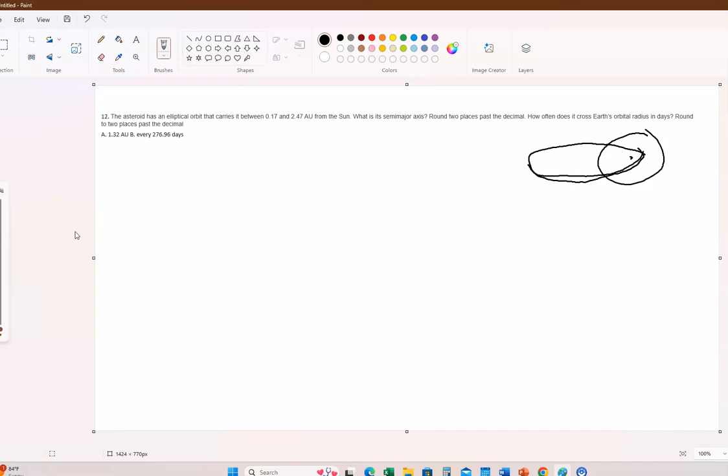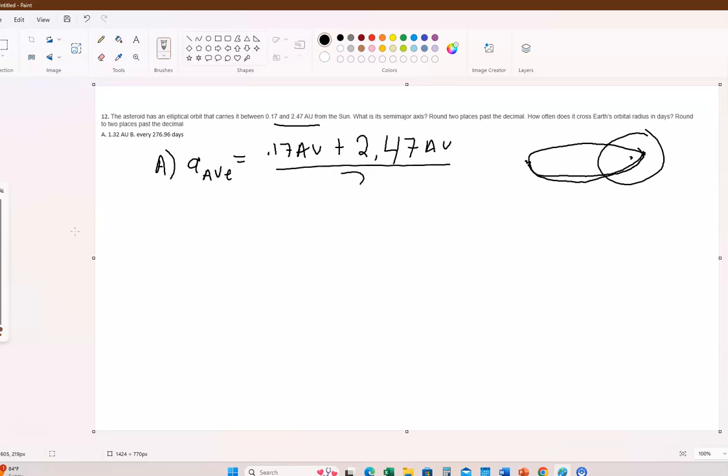So now, how do we do this? If this is the closest point and this is the furthest point, and they gave us those two numbers, you basically take the average of the two. This is the answer to A. I'll call it A sub average, which is 0.17 astronomical units plus 2.47 astronomical units, divided by two.